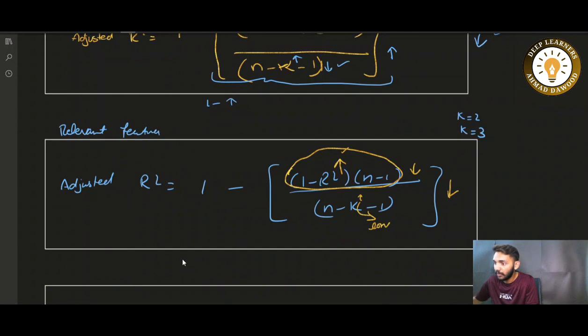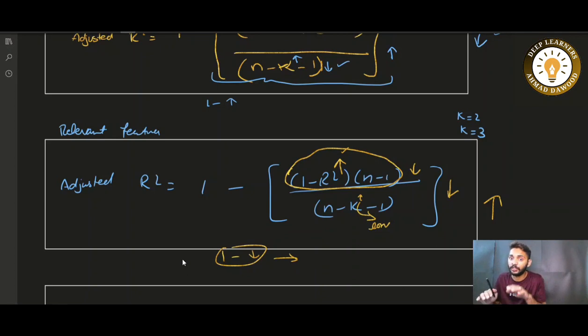Then 1 minus the decreased term gives you a higher score than the score we had before. In this way, it also caters to how many features we are using, and how much our score is affected by the addition or dropping of a feature.